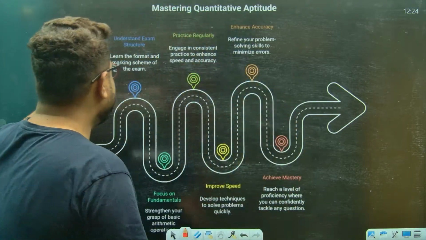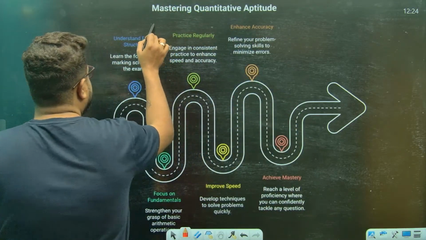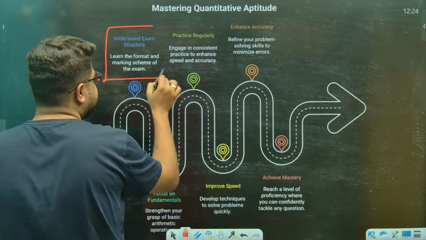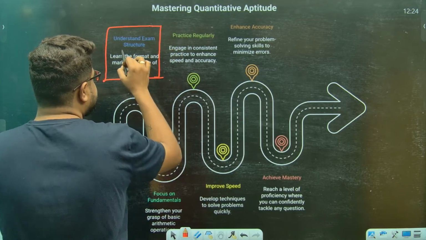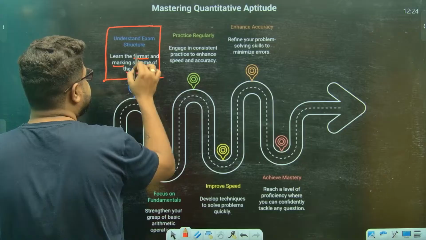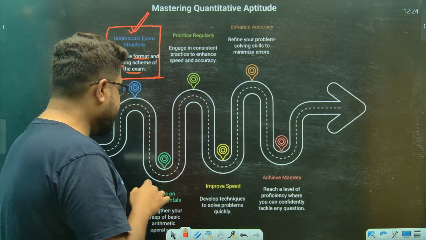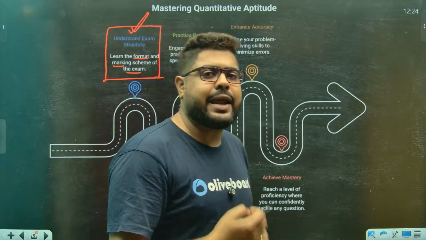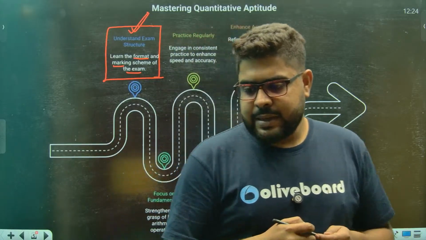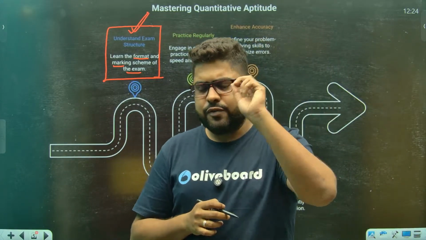So that is why the first step always is to understand the format and the marking scheme, understand the structure of the exam, and what type of questions they ask. Meaning, please understand, just to give you an idea.